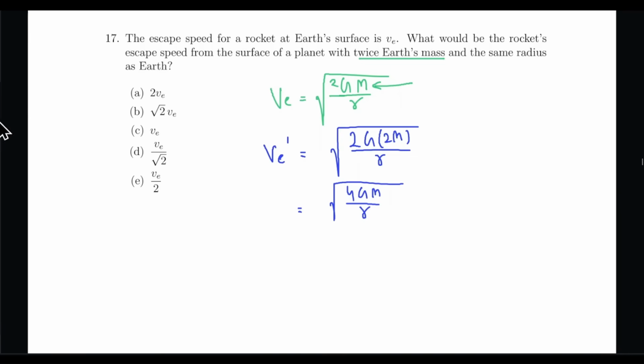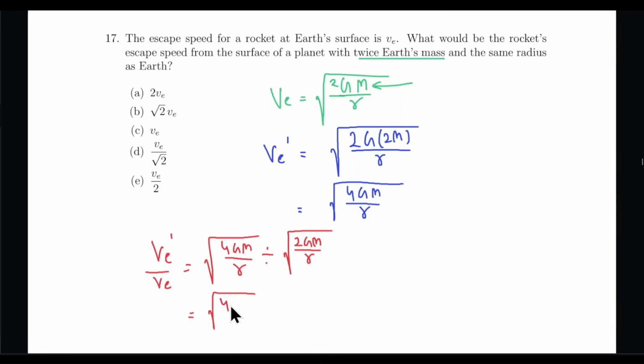So VE dash divided by VE is going to be square root of 4GM over r divided by root 2GM over r. Square root of 4 is 2, so 2 root GM over r times square root of r over 2GM.